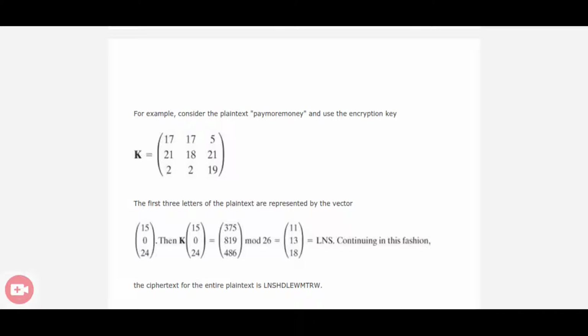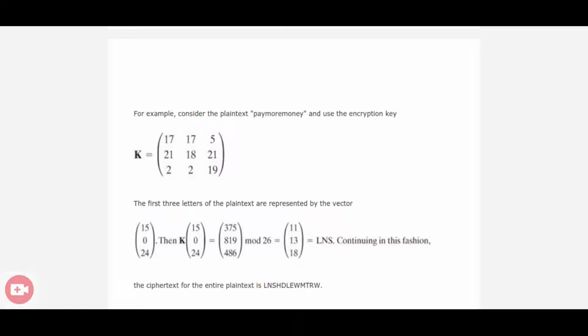So 15, 0, 24 multiplied with K. K is 17, 17, 5, 21, 18, 21, 2, 2, 9. It's a 3 by 3 matrix. Then it's a matrix multiplication, right? So KP, the K matrix is multiplied with the P matrix, then mod 26.